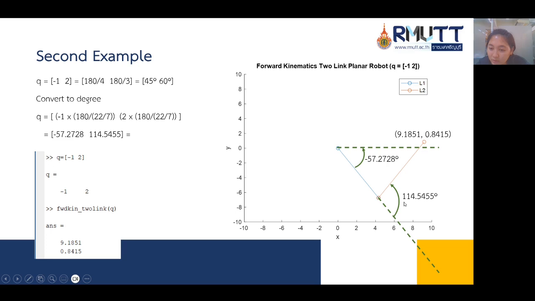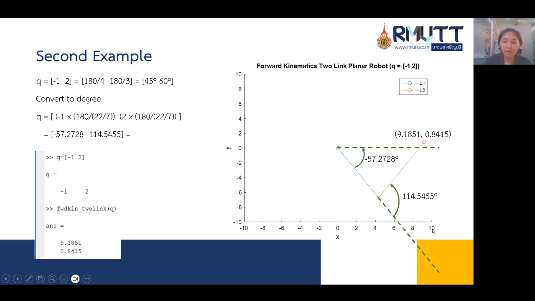And then the second joint angle, from the orientation of the first link L1, is 114.5455 degrees. This moves counterclockwise, different from the first joint angle. And then the result for the coordinate x, y of the end effector is 9.1851 and 0.8415.